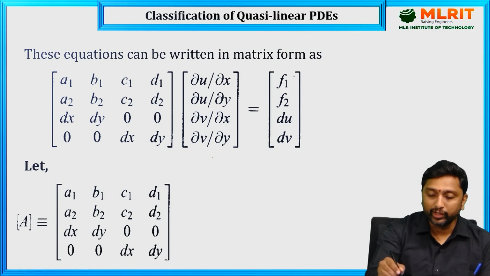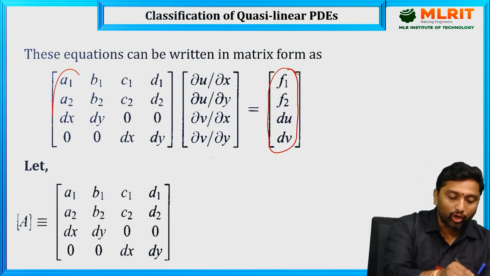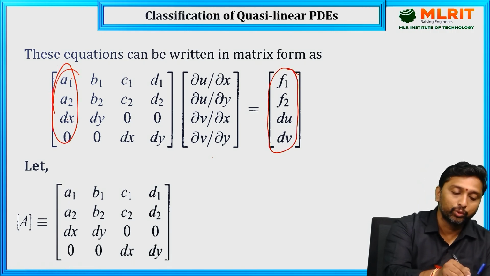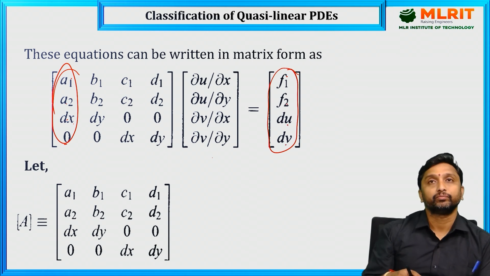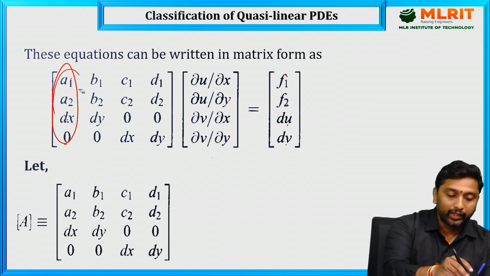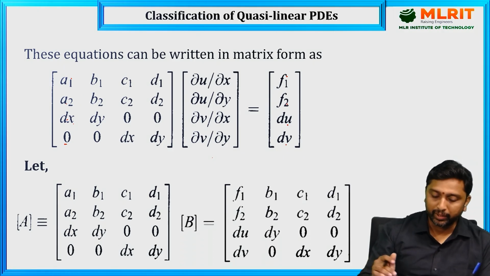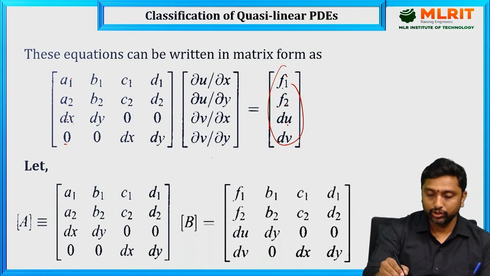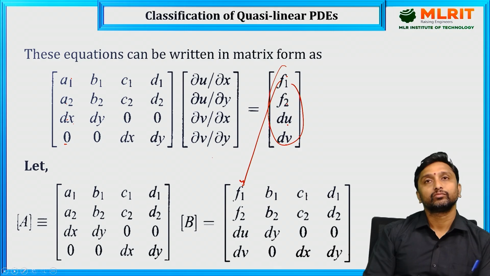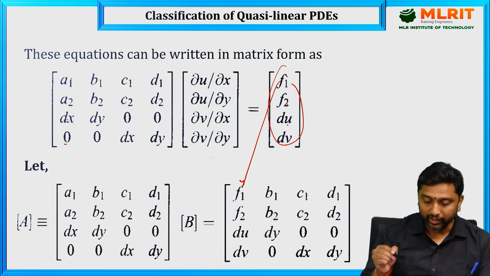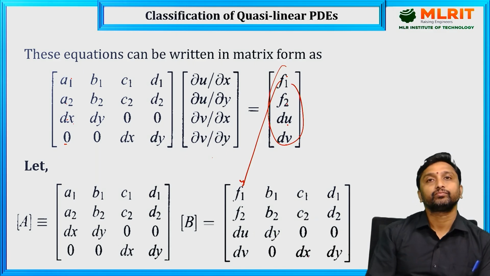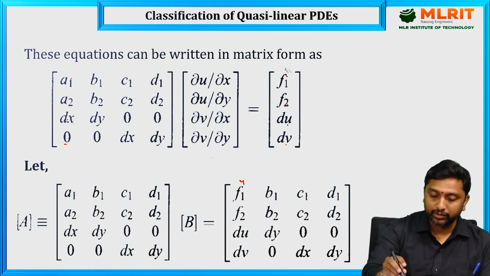For that, I need to replace the column here, that is A1, A2, dx, 0 with F1, F2, du, dv. Now let us assume that matrix to be B. So I replaced this column here. So F1, B1, C1, D1, F2, B2, C2, D2, du, dy, 0, 0, dv, 0, dx, dy. So this is my matrix.